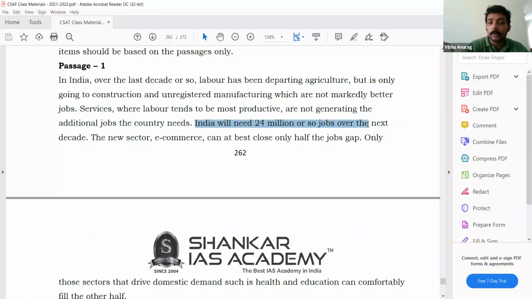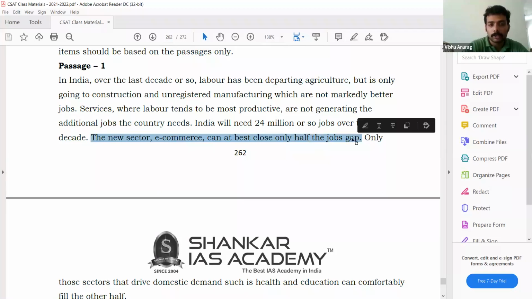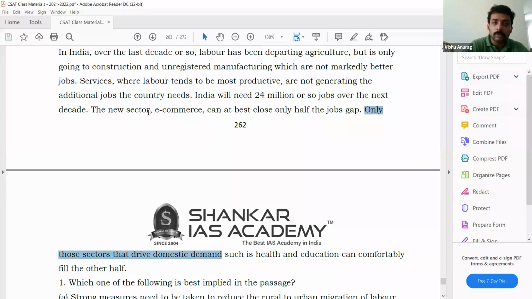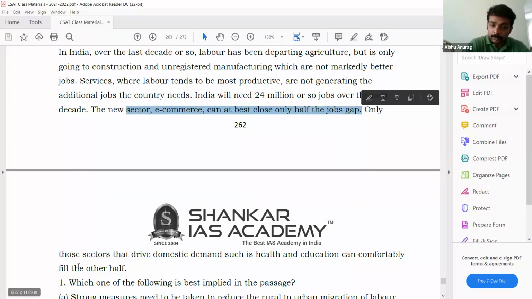India will need 24 million or so jobs over the next decade, and the new sector, e-commerce, can at best close only half the jobs gap. Only those sectors that drive domestic demand, such as health and education, can comfortably fill the other half. So e-commerce can only cover 12 million jobs. The other 12 million will have to come from the health and education sector. That's the implication made by the author.